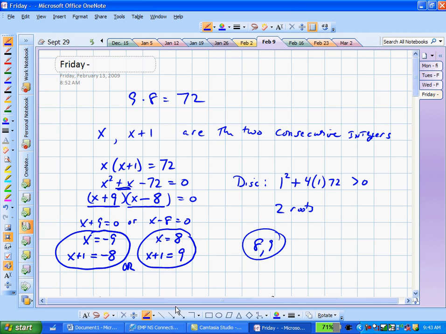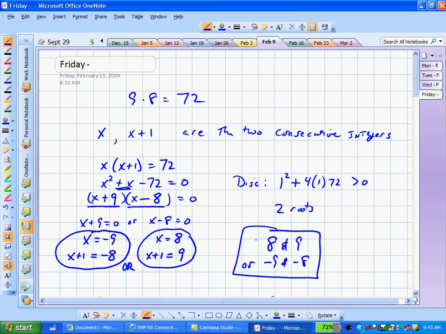And most importantly, you didn't show any setup or work or even thought. You just said, well, I got some numbers in my head, and bang. So you really fell into a bear trap. This is only half the answer. The answer would be 8 and 9, or -9 and -8.